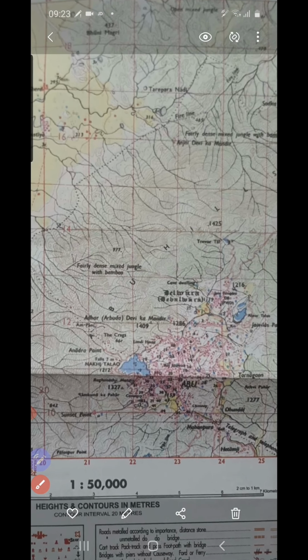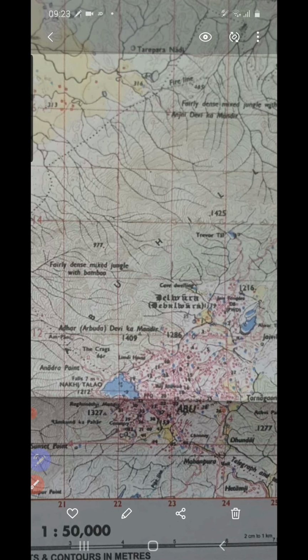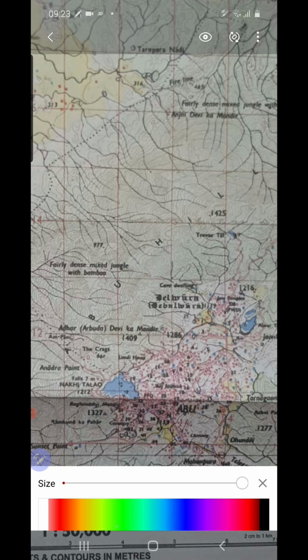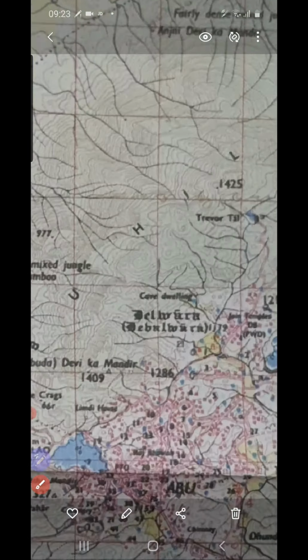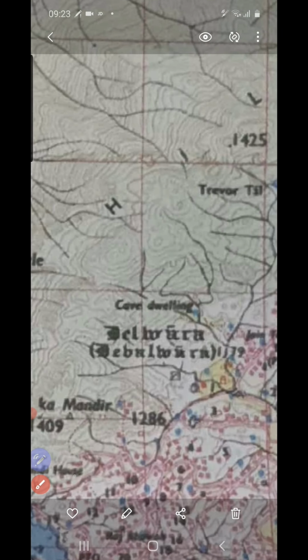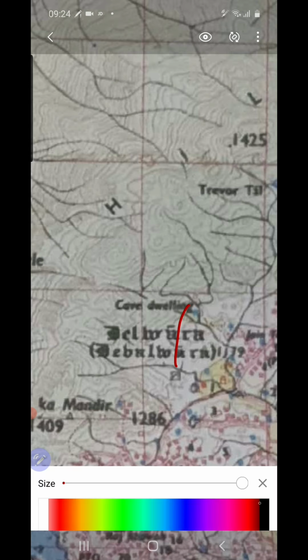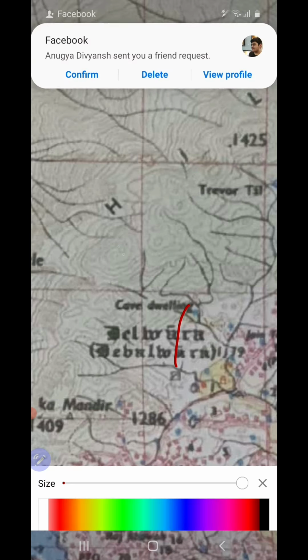You see, in some places these contours are spaced very close by, and in some places they are spaced far apart. Here in this area you see some gap between contours; contours are spaced far apart.